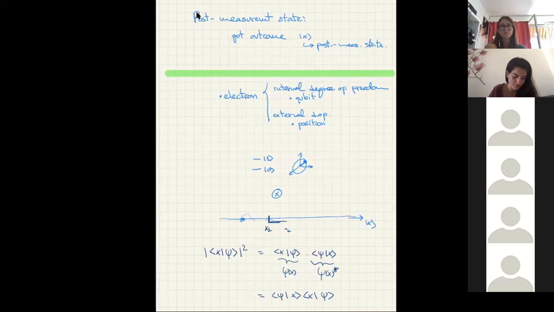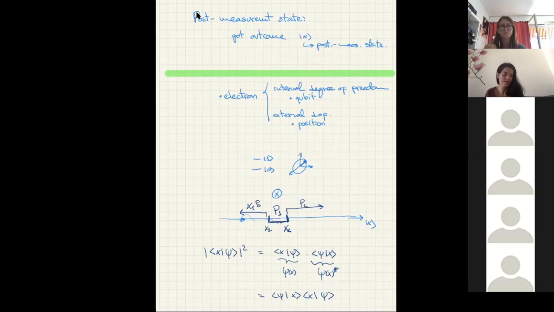One which just sees if it's between x1 and x2. This is our P1. One which sees if it's smaller than x1, and one that says if it's larger than x2. So this is P0 and this is P2.